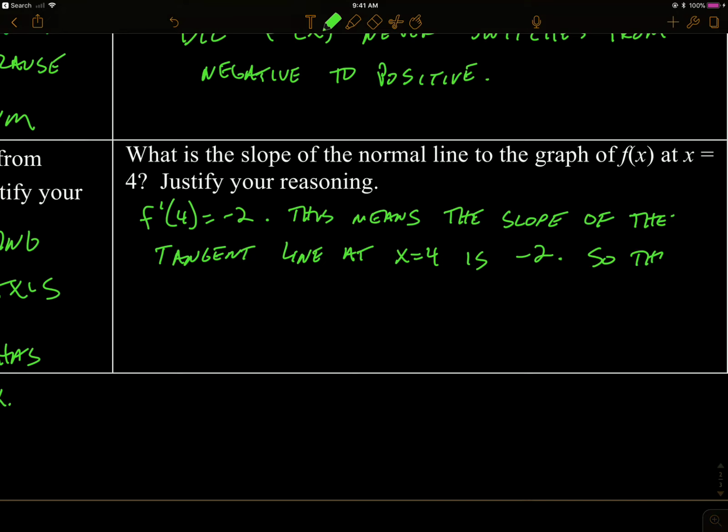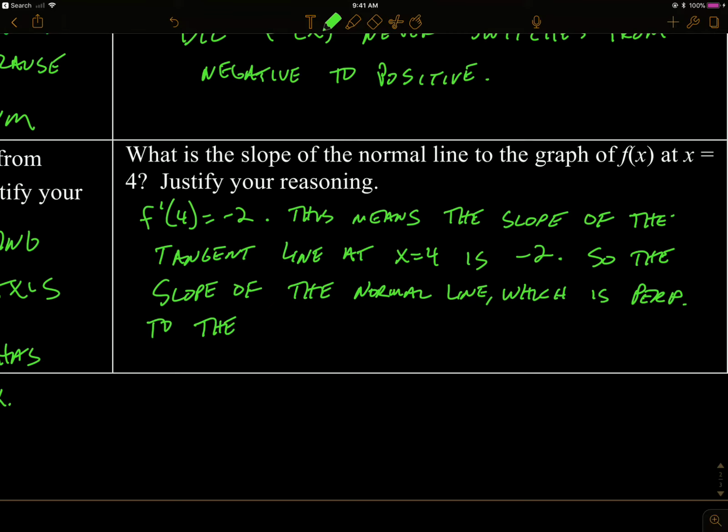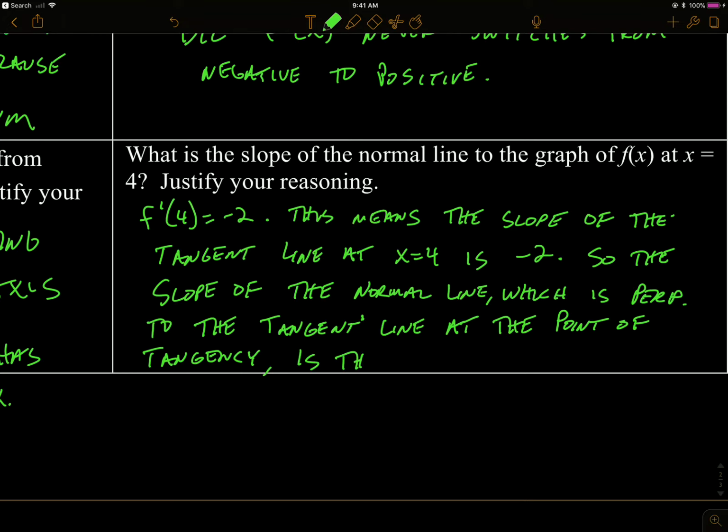So the slope of the normal line, which is perpendicular to the tangent line at the point of tangency, is the opposite reciprocal.